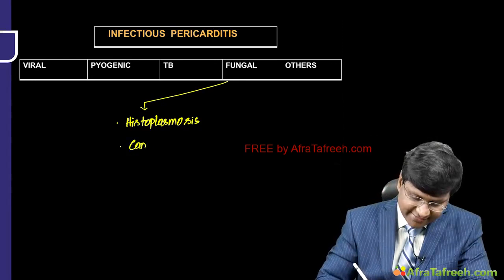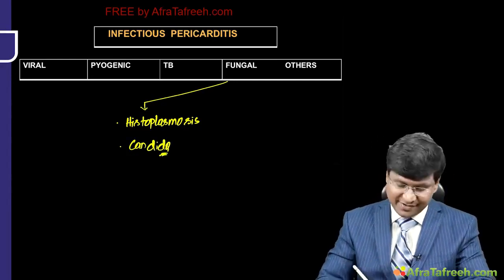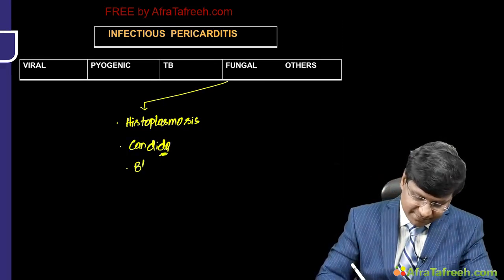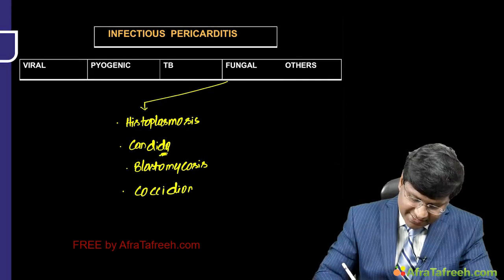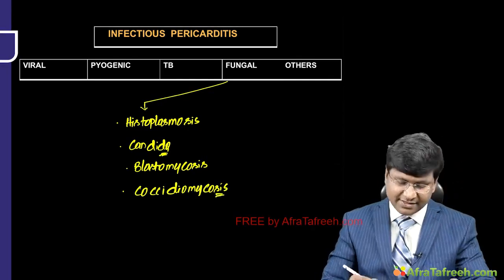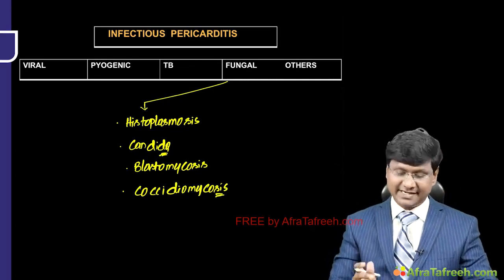So even candida can cause pericarditis. Apart from that, we have blastomycosis. Then lastly, we have coccidioidomycosis. So these are the fungal infections which are responsible for the development of pericarditis.